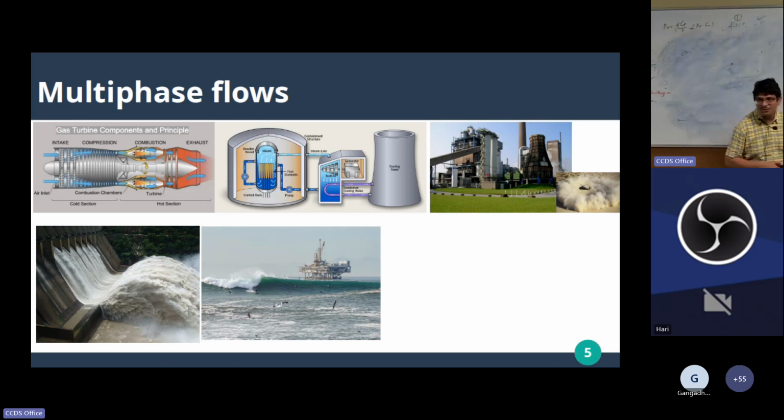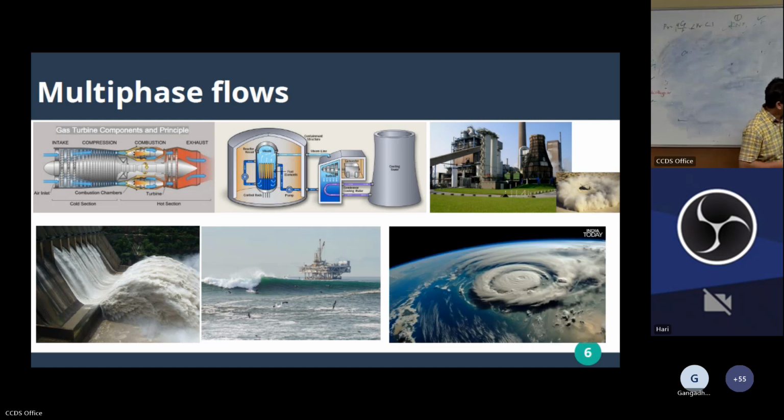Some of you must be working on these wave-structure interactions from civil engineering groups. For them, multi-phase flows are important. Similarly, in weather forecasting, the large-scale cyclones have to be resolved. They always have condensation, sudden heat release, and accelerated motions. These are also part of multi-phase flows.